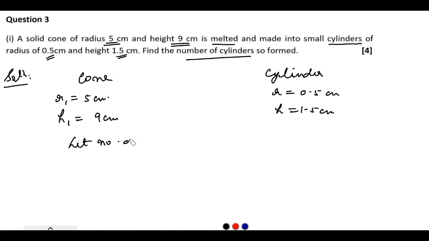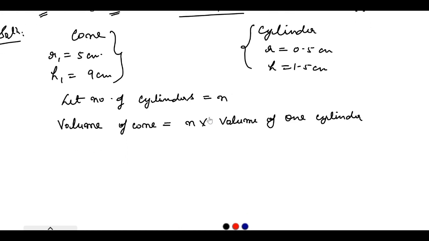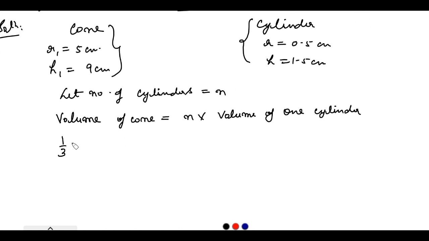Let the number of cylinders be n. Then volume of cone will be equal to volume of n cylinders, equal to n multiplied by volume of one cylinder. Now volume of cone is 1 upon 3 pi r1 square h1, and volume of cylinder is pi r square h.